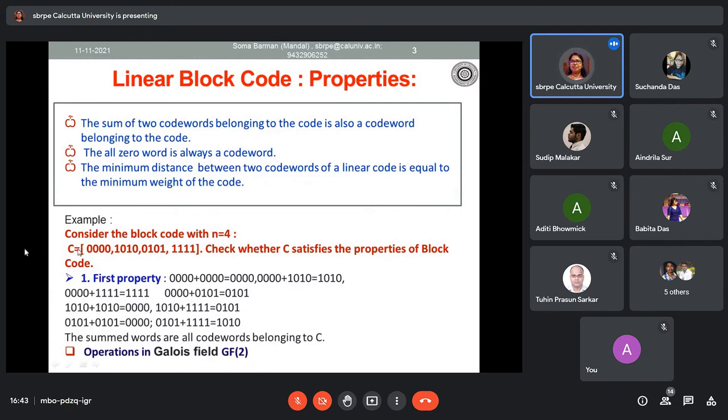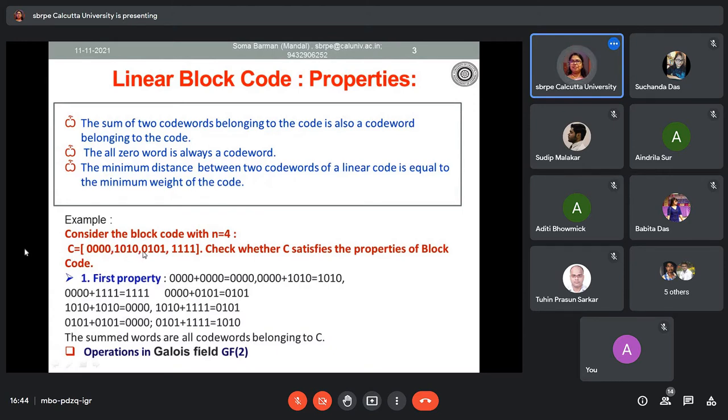And we are considering the code C. Already I have said that is the set S, so now you denote that set S is equal to set C. So C contains the subsets or code words 0, 0, 0, 0, 0, 1, 0, 0, 1, 0, 1, 1, 1, 1. So the length of each code word is 4.